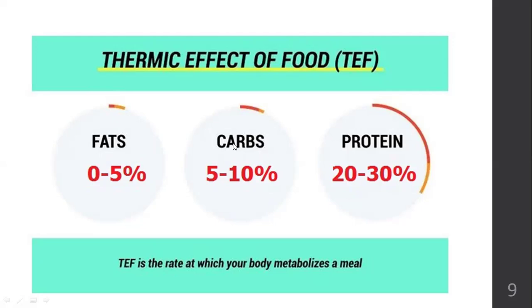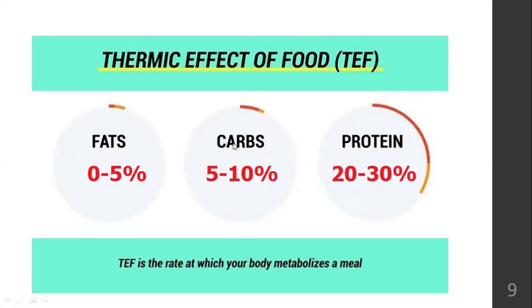Digestive organs like your intestines and pancreas need energy to function. Enzymes and hormones that are produced in your body, energy is required there as well. Absorption, storage, and transport also require energy. So this all comes under the thermic effect of food.